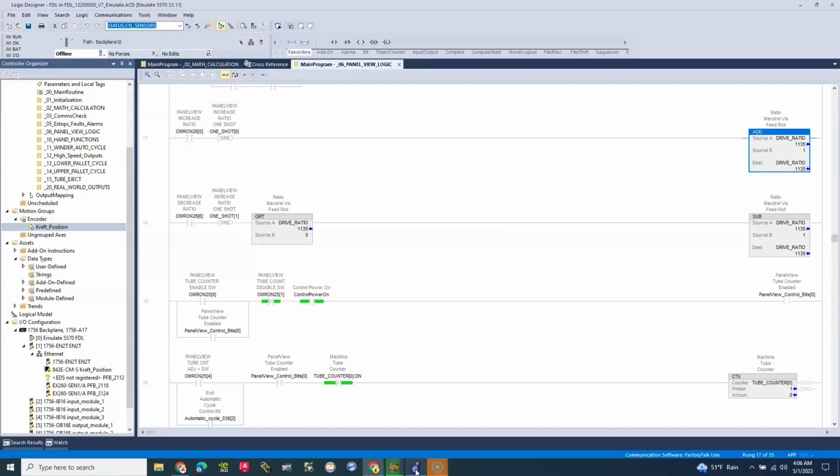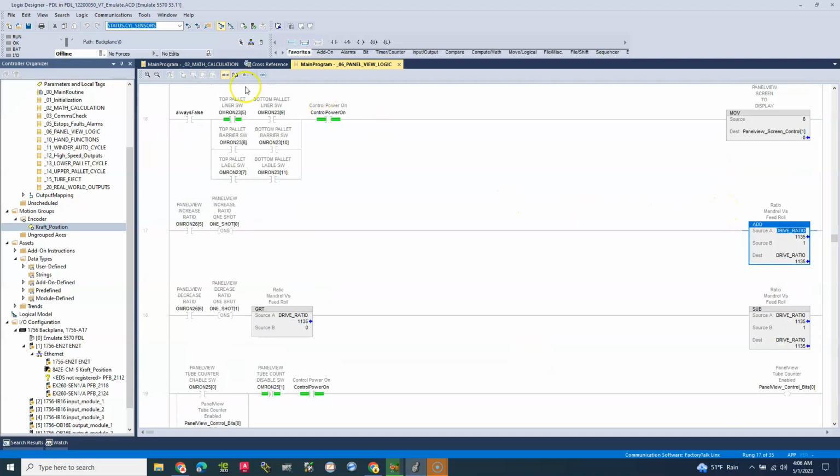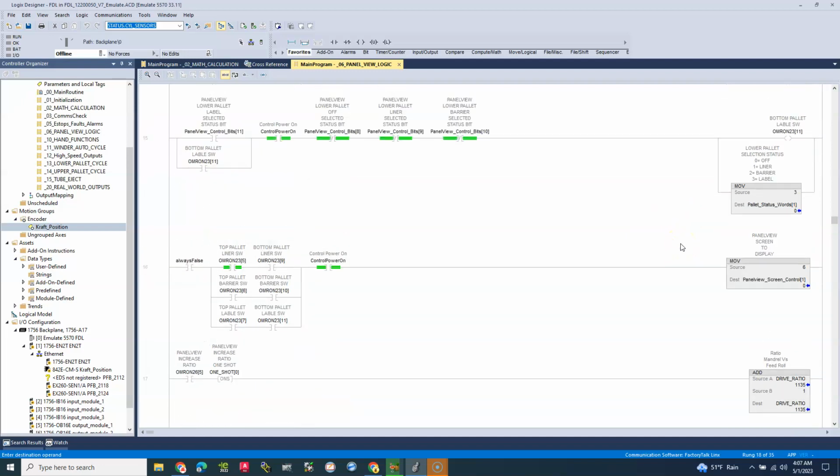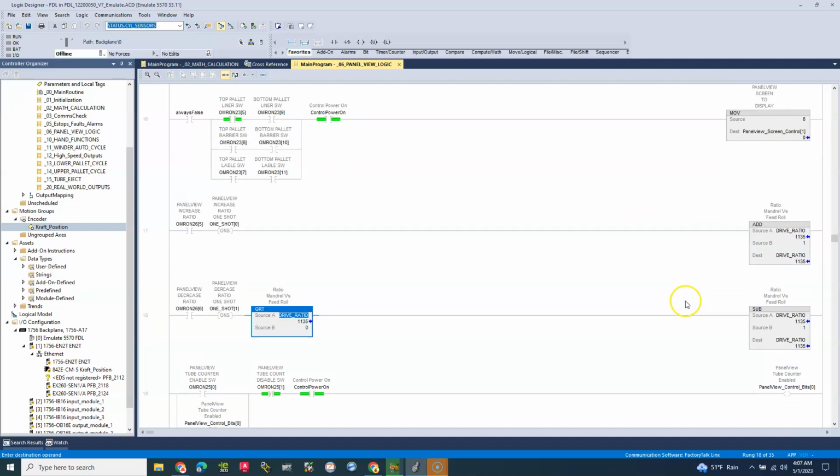So I put 1150, but it's actually 1135. Okay, so now we're entering that drive ratio through our panel view. All right, so the operator is entering a drive ratio in there, and I believe they're entering a percentage, but 1135 is the drive ratio.